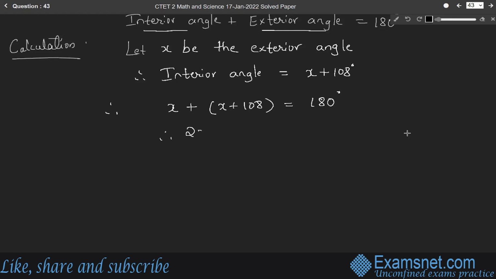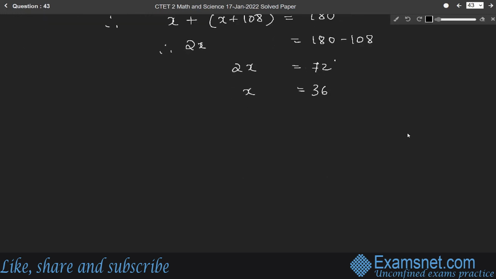Therefore, 2x is equal to 180 minus 108. So 2x is 72 degrees. x is equal to 36. Therefore, the exterior angle is 36 degrees, and therefore the interior angle is equal to x plus 108 degrees, which is 36 plus 108, which is 144 degrees.